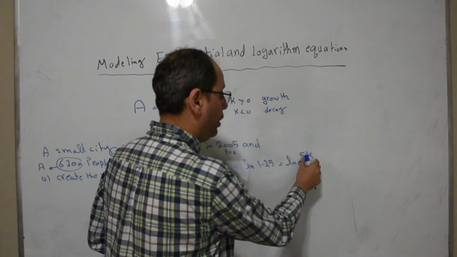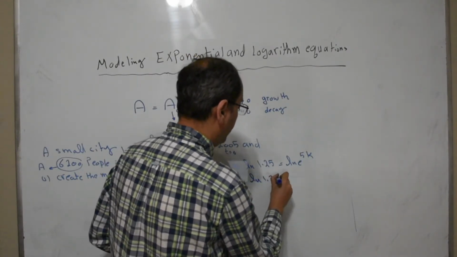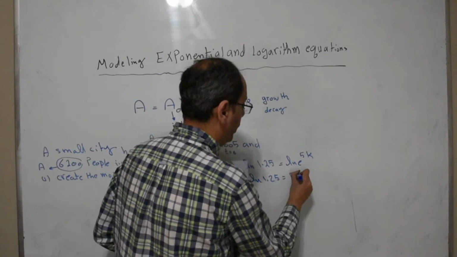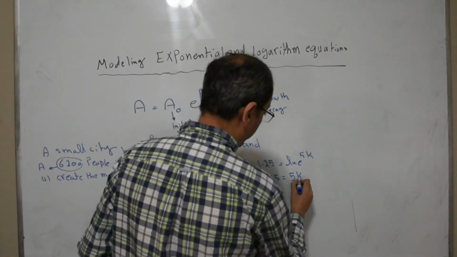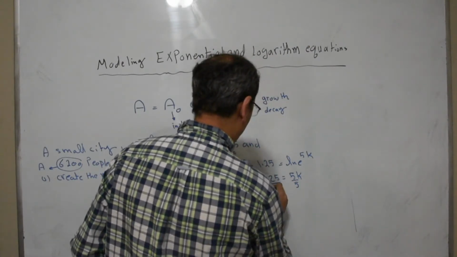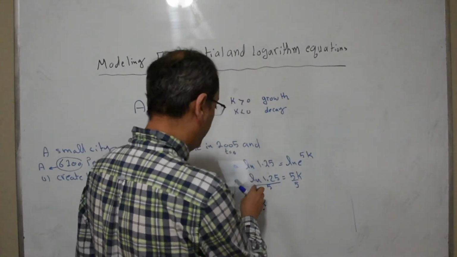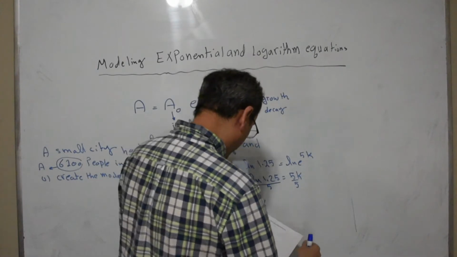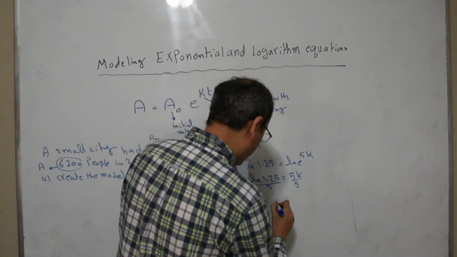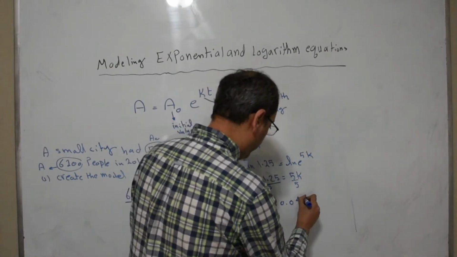So natural log of e to 5k is 5k. So natural log of 1.25 is 5k. Now we can divide by 5 and compute k. If you use the calculator to compute the natural log of 1.25 divided by 5, I think you would get 0.0430.